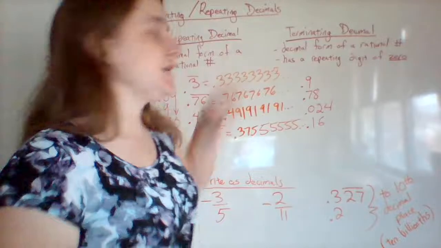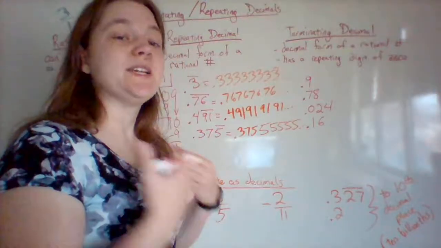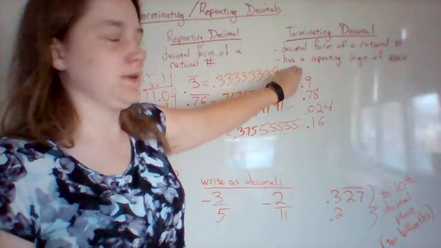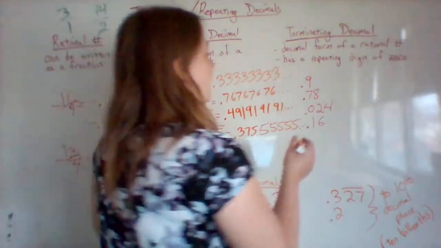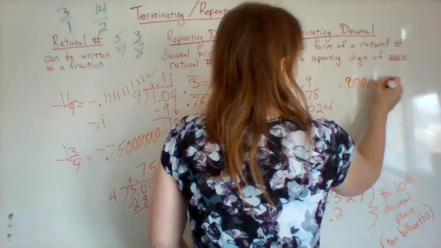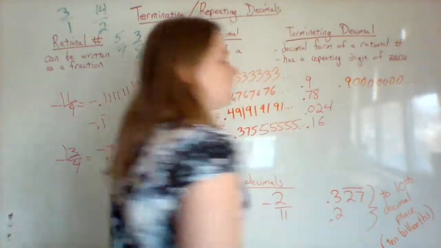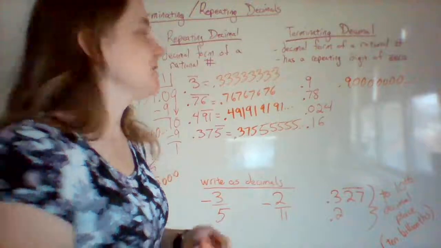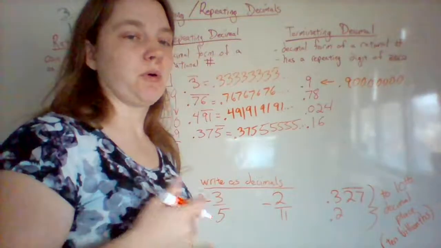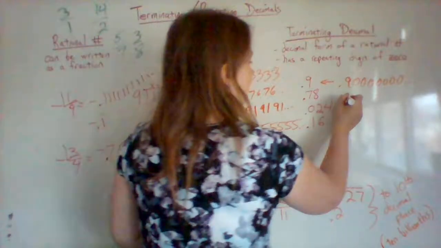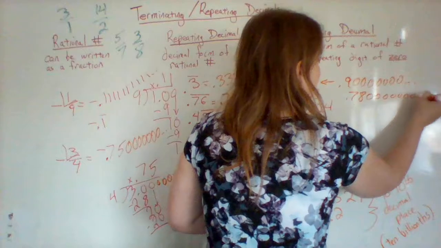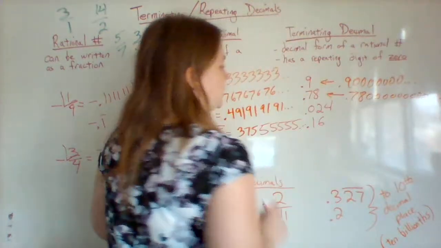So a terminating decimal is a decimal that we see stop because we don't have to keep writing that 0 over and over again. So 0.9 can actually look like 0.900000000, but we don't write all of those zeros because it doesn't make sense to. So instead, we shorten it to just 0.9 to write the important parts. Same thing for 0.78. Technically, it has all of these zeros after it, but we shorten it.